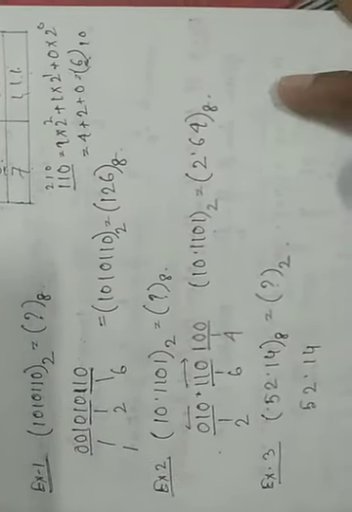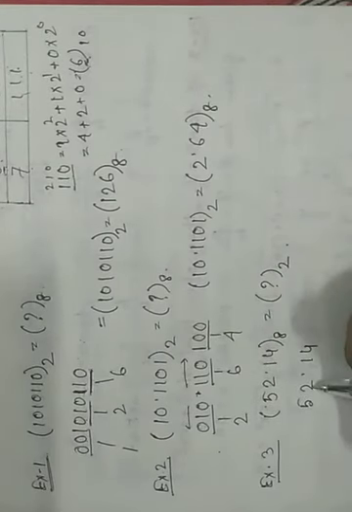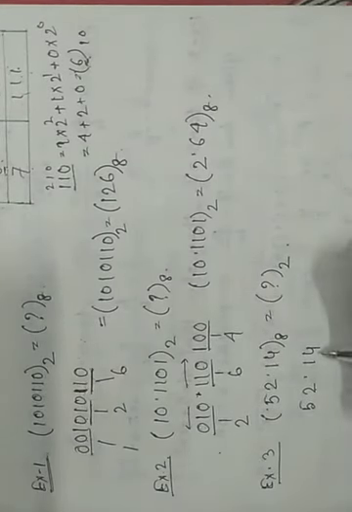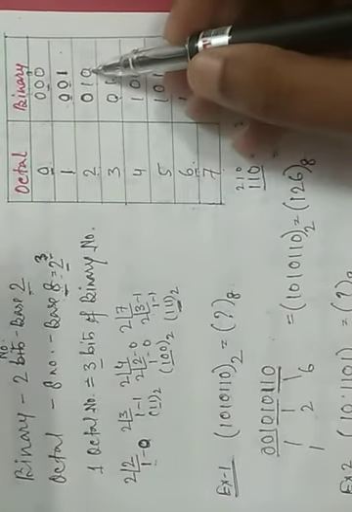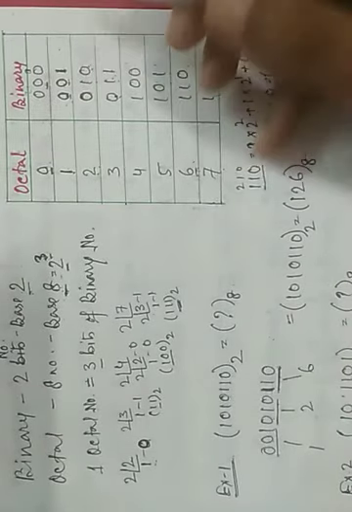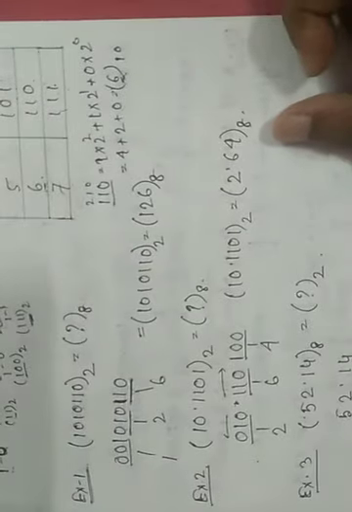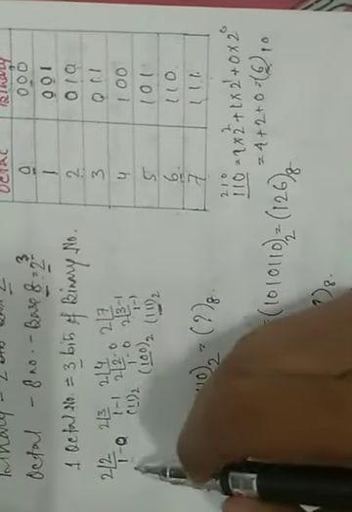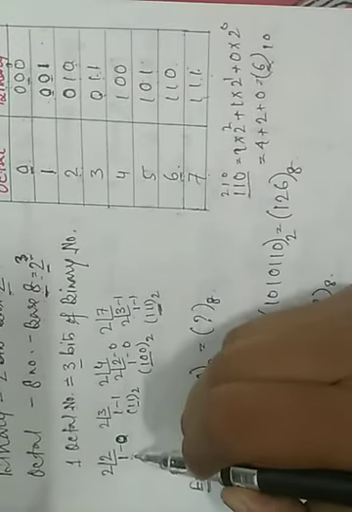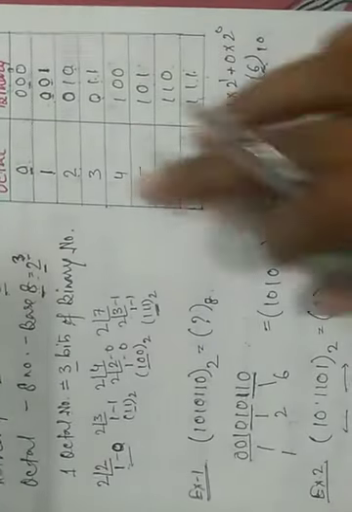Now for one octal digit, there are 3 bits of binary number. For 2, you see here, it is 010. You can get this value from the table, or you can convert it. I've shown you dividing 2 by 2 in this way. You can get this value also that way.